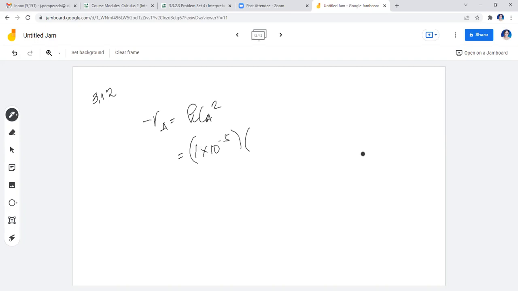So what CA will you substitute? 500, miss. That's CA0. Initial concentration na iya. So what CA will you substitute here? Ezra.